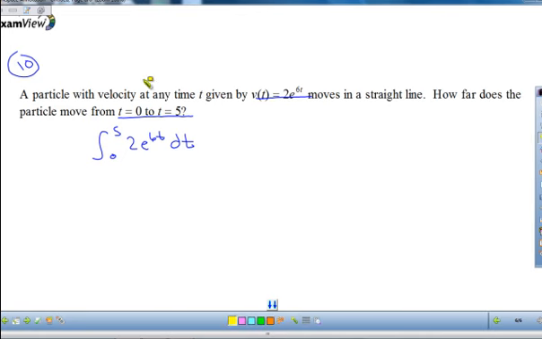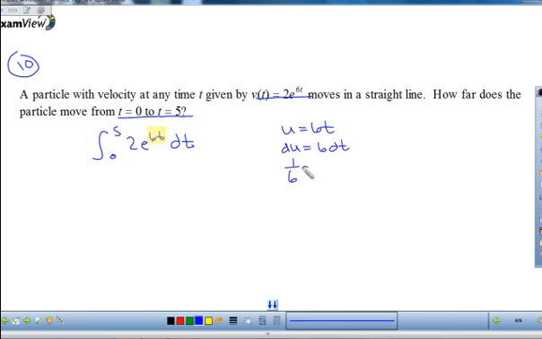So again, we can't do this algebraically. We're going to try to use substitution. So u is going to be 6t, du is 6dt, and 1 over 6 du is equal to dt. So substituting everything back, and we're going to go ahead and do a change of variables as well to make it easier on us.